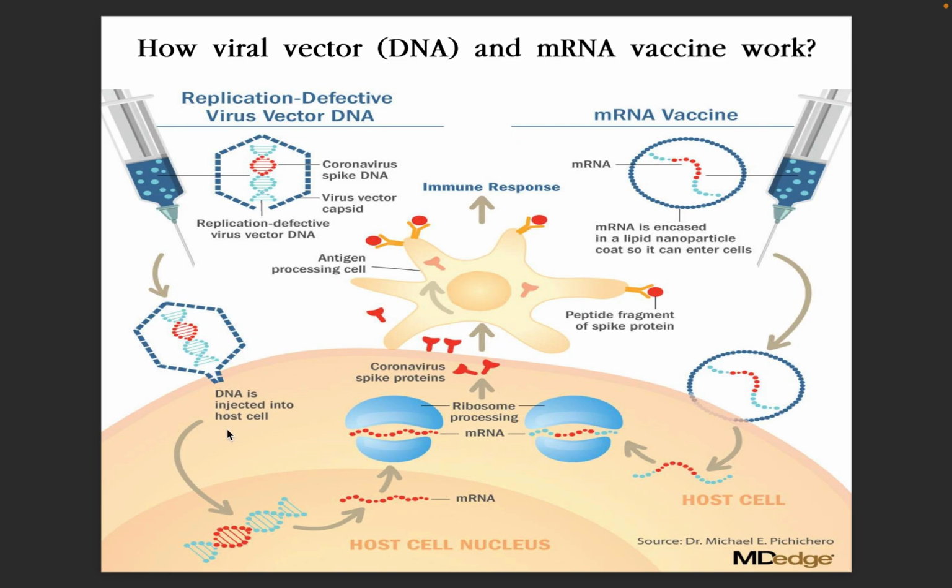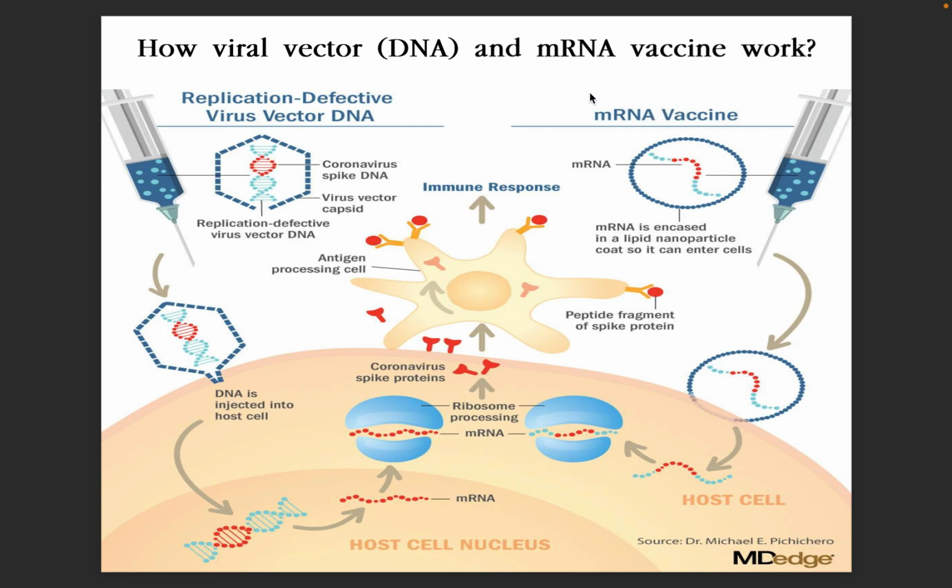This type of virus sends the genome into the host nucleus, where the SARS-CoV-2 gene is transcribed and exported to be translated in the cytoplasm. The viral protein is then produced and expressed on the cell membrane of the host, which attracts the immune cells to destroy the cells and produce the antibody against it.